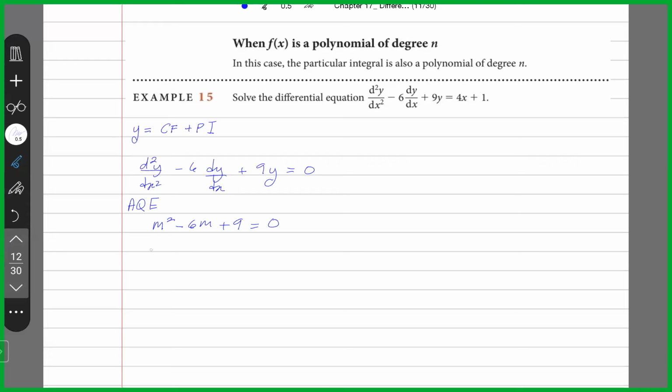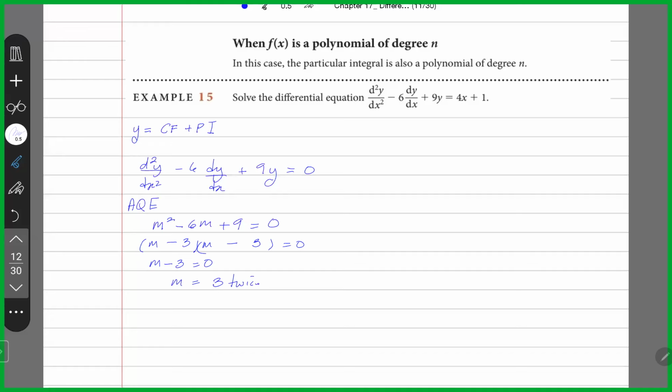Now, if I factorize this, I'm going to end up with m minus 3, m minus 3 is equal to 0. So m minus 3 would be equal to 0. M would be equal to 3 twice.